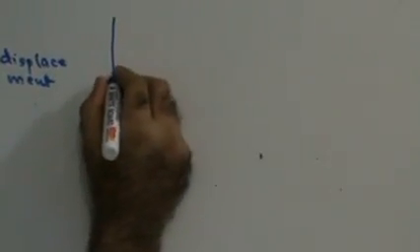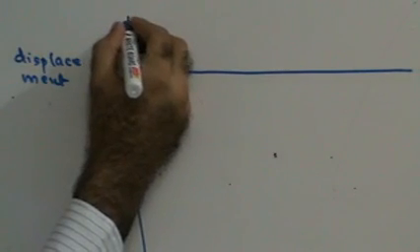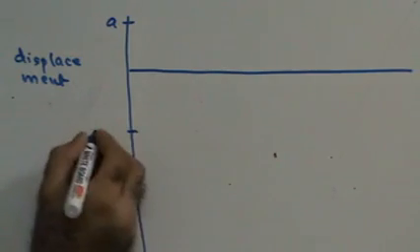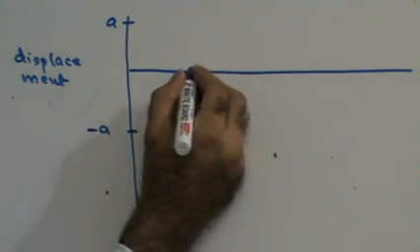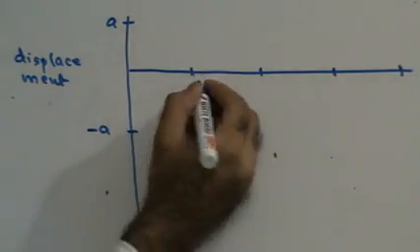First, let's see the graph for displacement. Displacement graph is going to be between A and minus A. This is 90, 180, 270 and 360.